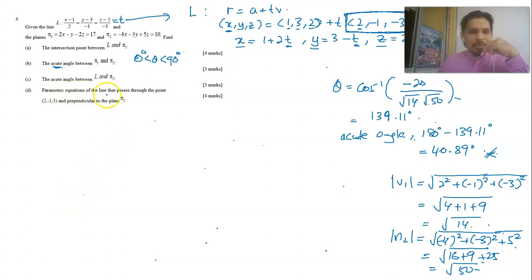The parametric equation of the line that passes through the point 2, -1, 3, and is perpendicular to the plane pi 2.